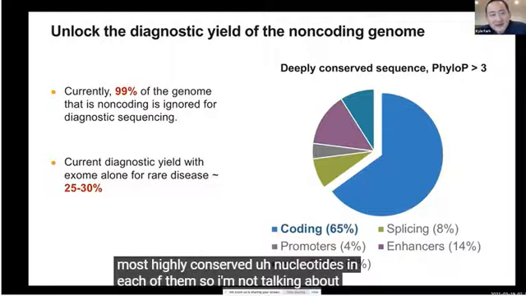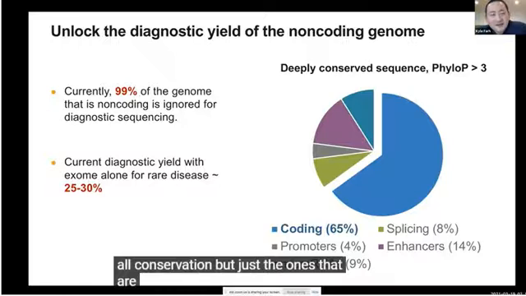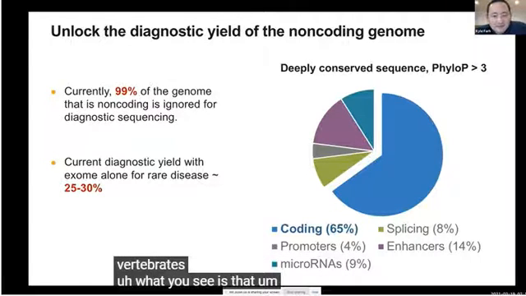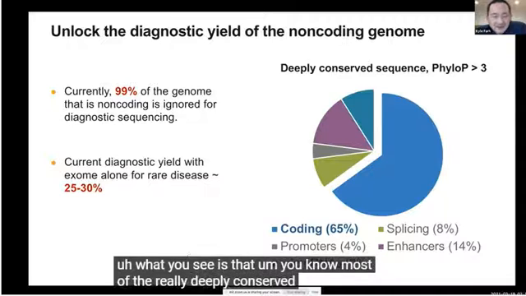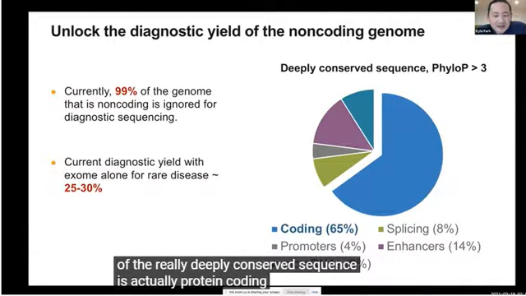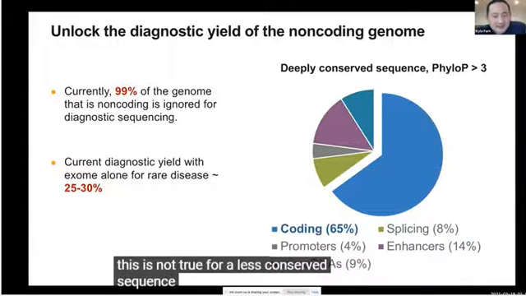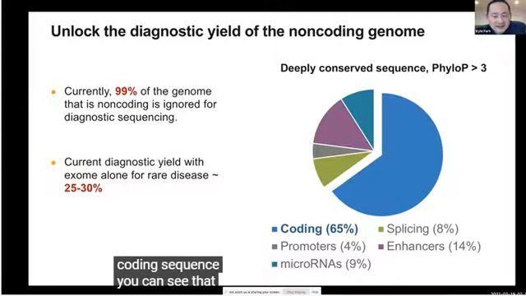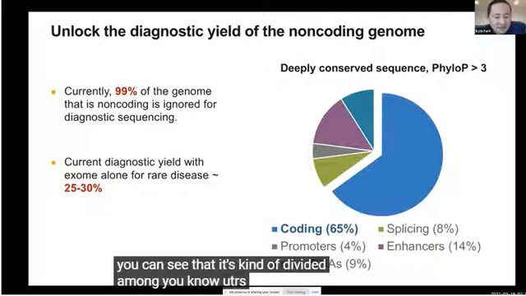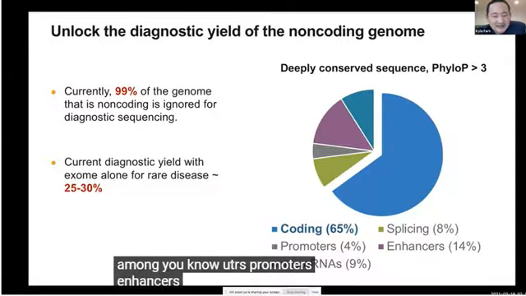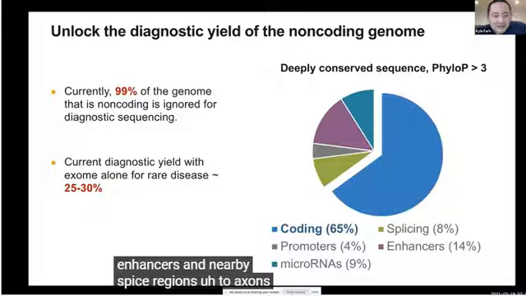I'm not talking about all conservation, but just the ones that are very deeply conserved across vertebrates. What you see is that most of the really deeply conserved sequence is actually protein coding. This is not true for less conserved sequence, but beyond the protein coding sequence, you can see that it's divided among UTRs, promoters, enhancers, and nearby splice regions to exons.